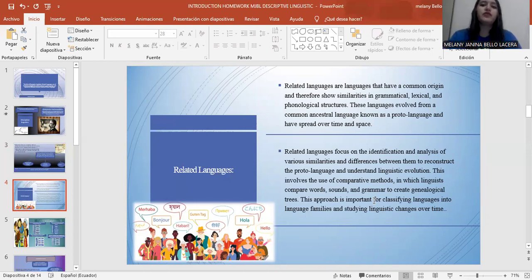Also, it focuses on the identification and analysis of various similarities and differences between them to reconstruct the proto-language and understand linguistic evolution. This involves the use of comparative methods in which linguists compare words, sounds, and grammar to create genealogical trees. Also, this is very important for classifying languages into language families and studying linguistic change over time.